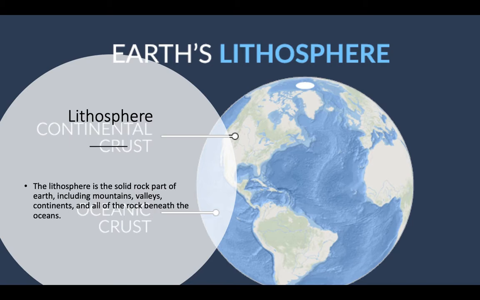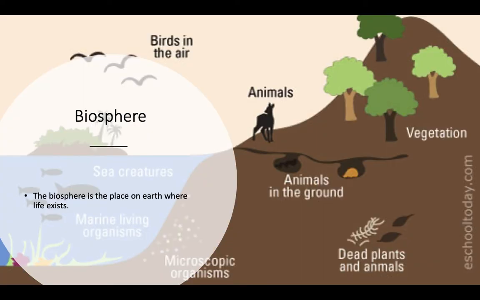Here in Salt Lake, we live in a valley. So there's mountains that surround us, okay? That's why they call it the Salt Lake Valley. And actually here at our school we have a beautiful view of the mountains, okay? If we look to the east of us, we can see those mountains, and that is part of our lithosphere.